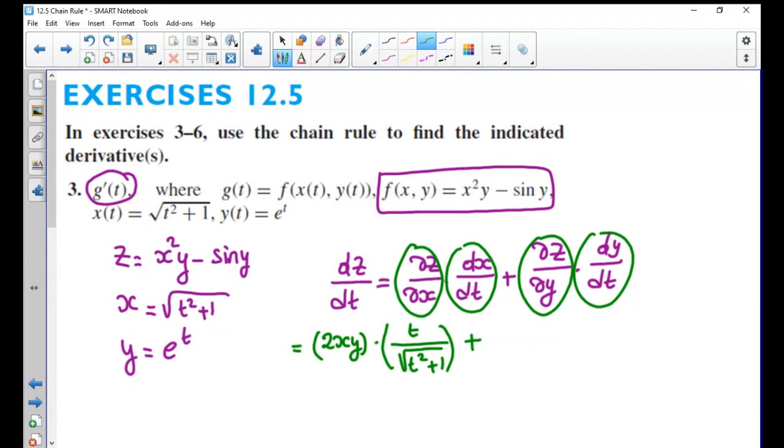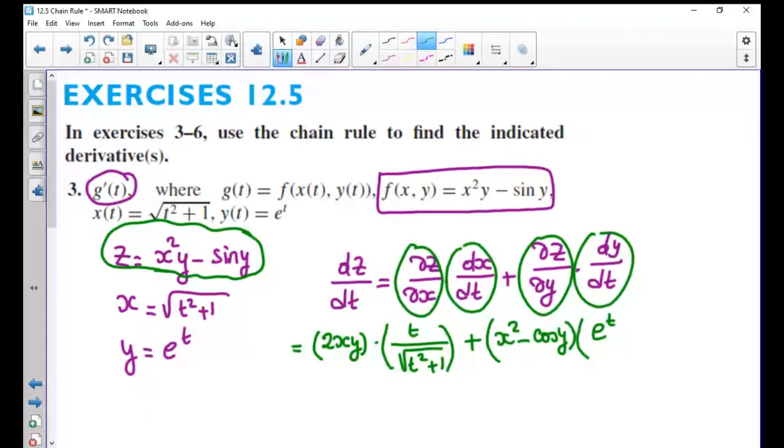So the derivative of z with respect to y, look at z and you need to find its derivative with respect to y. So it's going to be x squared minus cosine y. And then dy over dt, which is e to the t, the same thing.